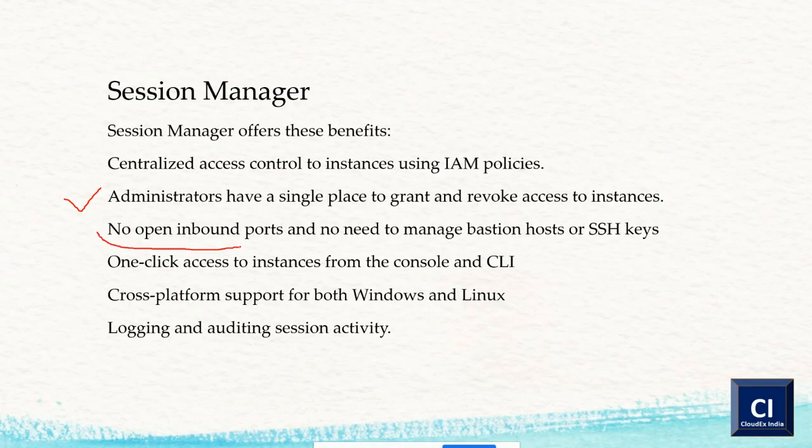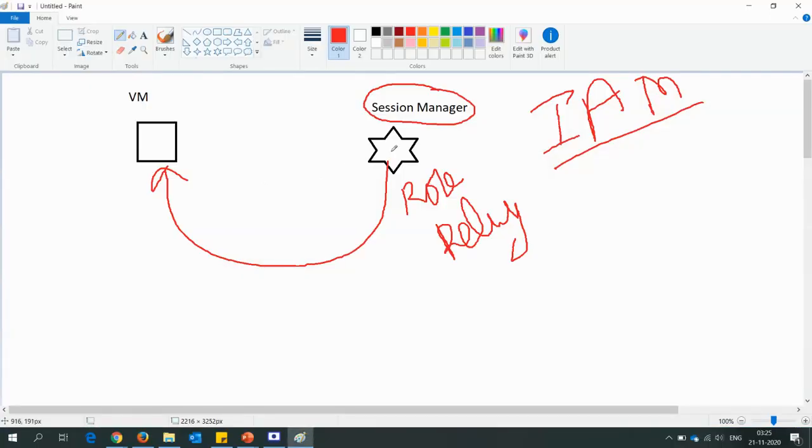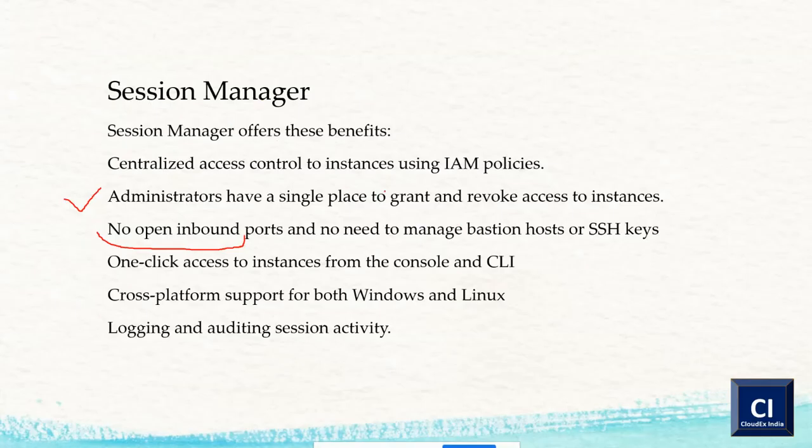When you are accessing your VM from the session manager, there is no port required. But if you are accessing your VM from your on-premises, then it requires port 3389 to be open at the virtual machine security group side. But here you do not require the port to be opened.